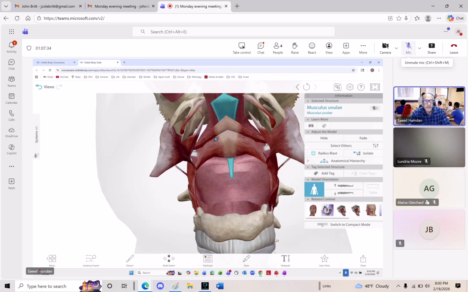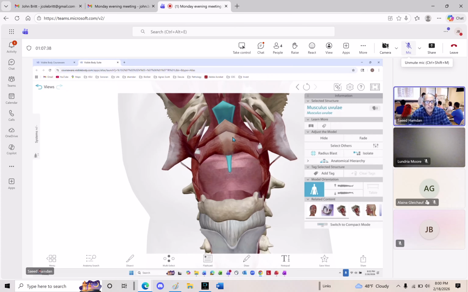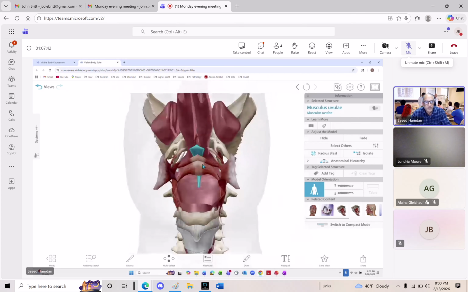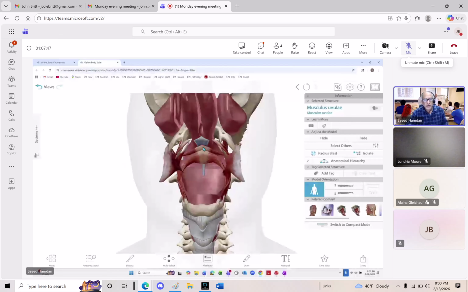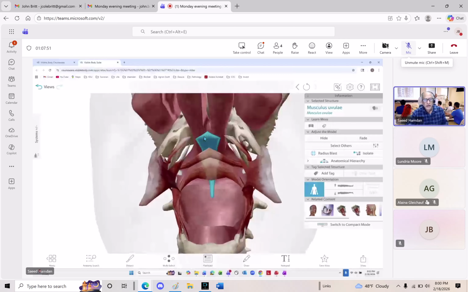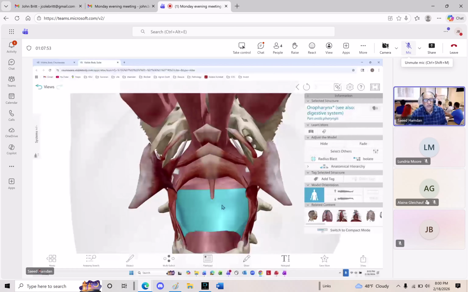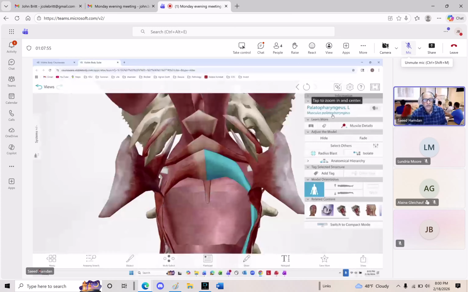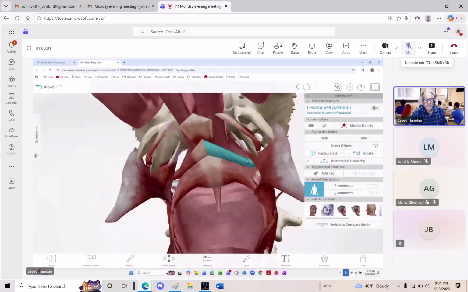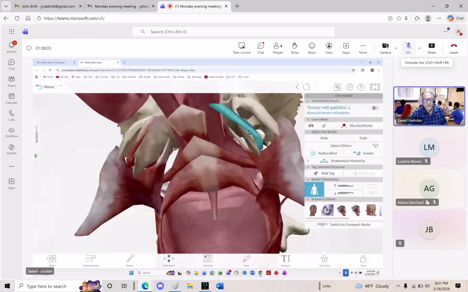I knew that there is a model for this, but it's listed under the respiratory system for whatever reason. But this is the musculus uvulae, basically the muscular part behind the uvula, right? And then you have the folds. Okay, this is the entire oral cavity. It's the oropharynx right there. So then you have this fold, which is the palatopharyngeus fold, and then you have this one here, which is the levator veli palatini, and this is going to be your tensor.